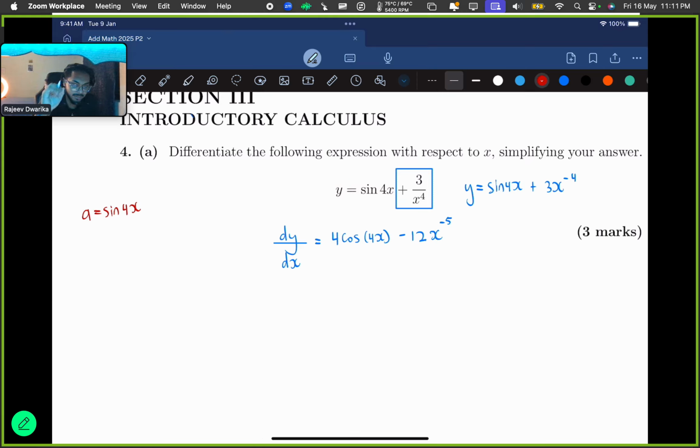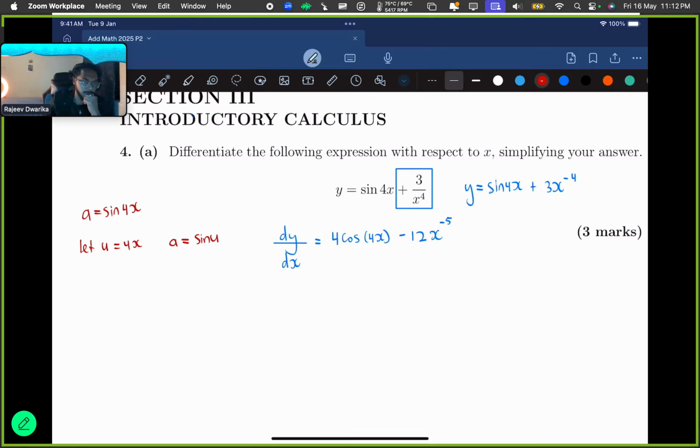So you'd have to let it be some other value. Let u be equal to 4x, and if u is equal to 4x, a will be equal to sine u.